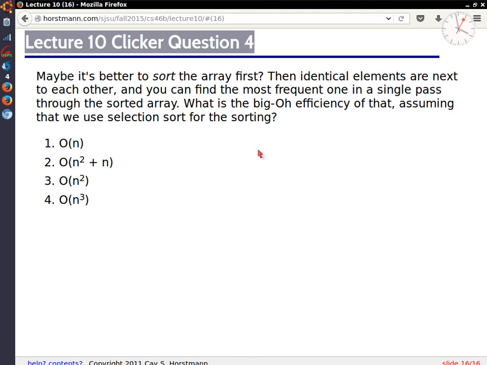So let's see. Selection sort was O of what? O of n squared.